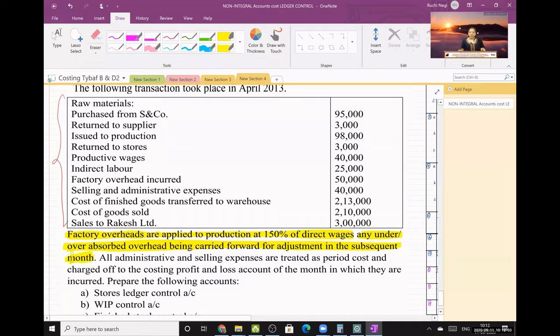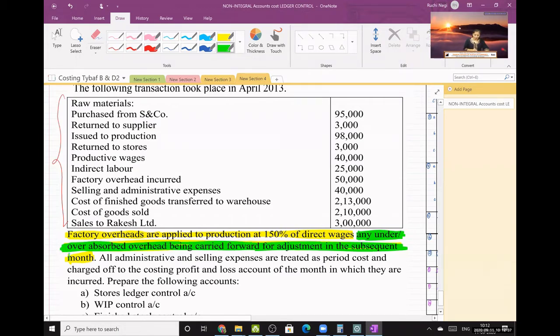Can anybody tell me what is the meaning of this? Write it in the chat box. What is the meaning of this line? Any under or over absorbed overheads being carried forward for adjustment in the subsequent month. What do you understand by this sentence?